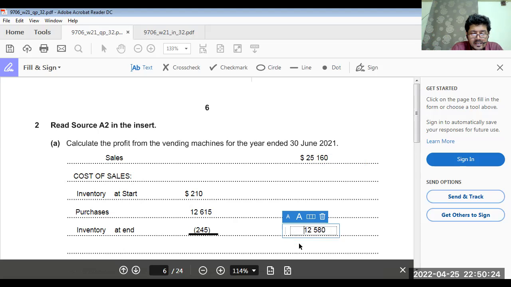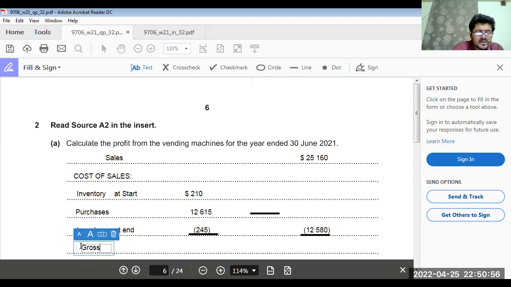Minus cost of sales, may I keep it in brackets so we remember we have to do that. And we'll get the gross profit. How much? 25,160 minus 12,580. So 12,580 is the amount of gross profit.